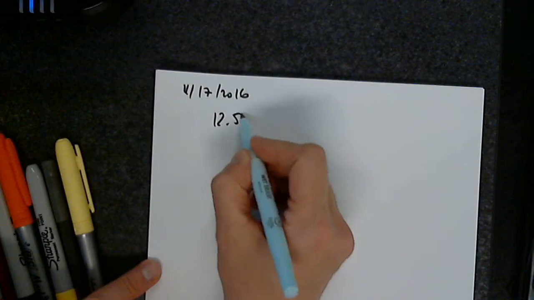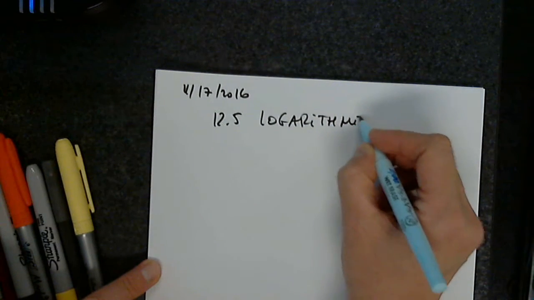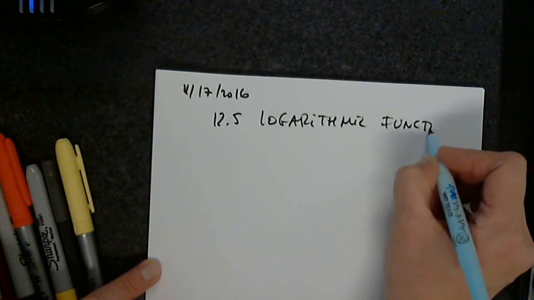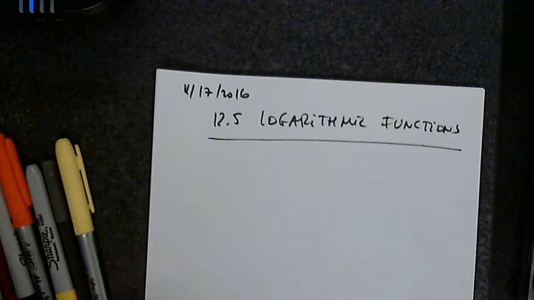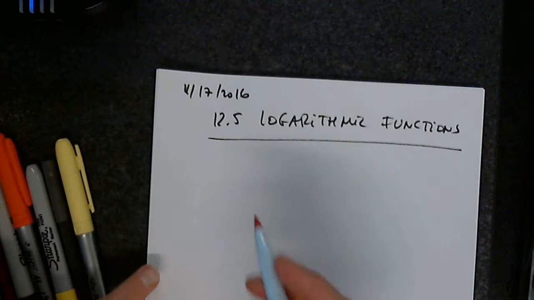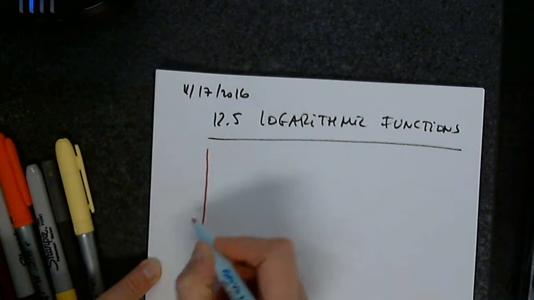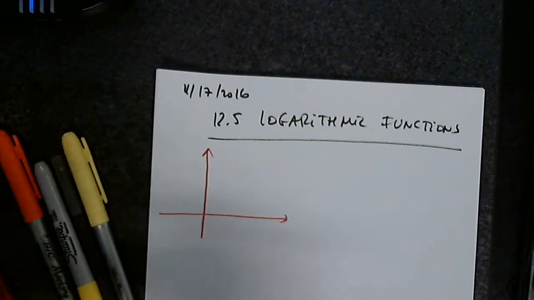So 12.5, logarithmic functions. Okay. We already know how they look. There are two shapes. Here is the first one.